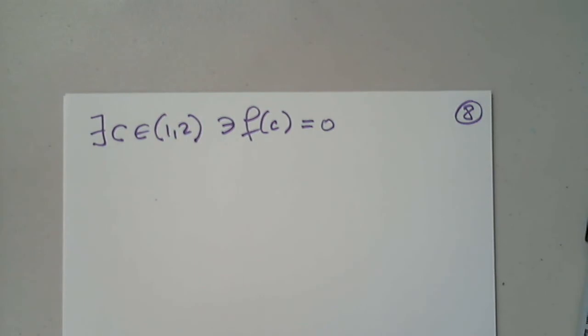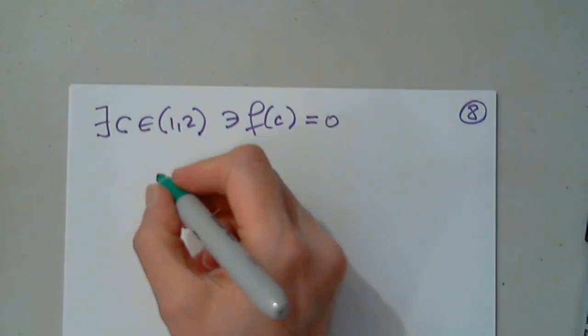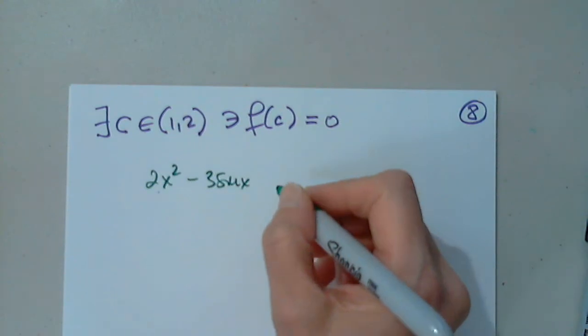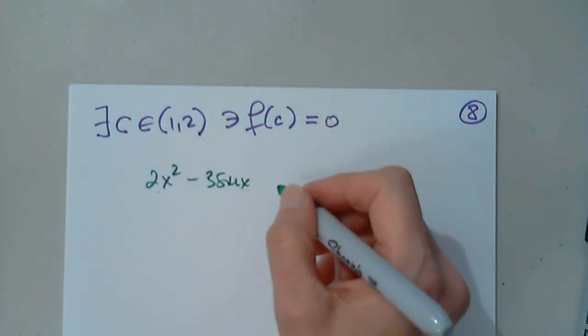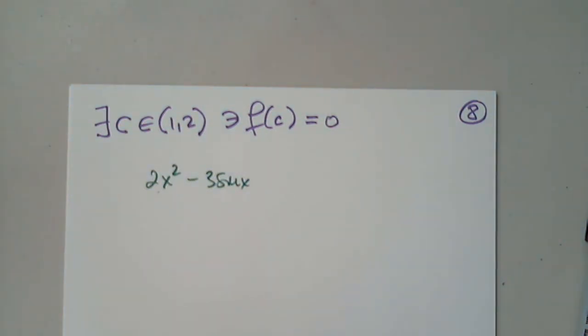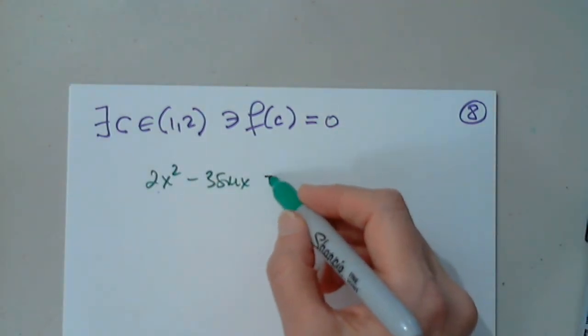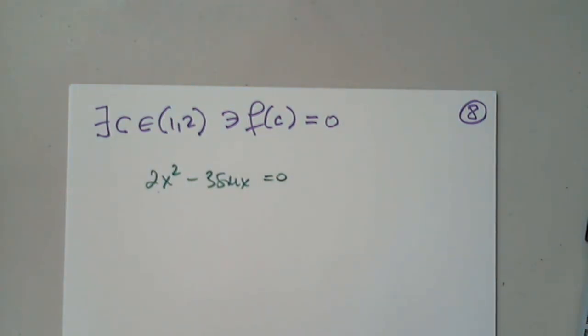What if I have, let's say, 2x squared minus 3 sine x plus something equals 0. I just made it up.